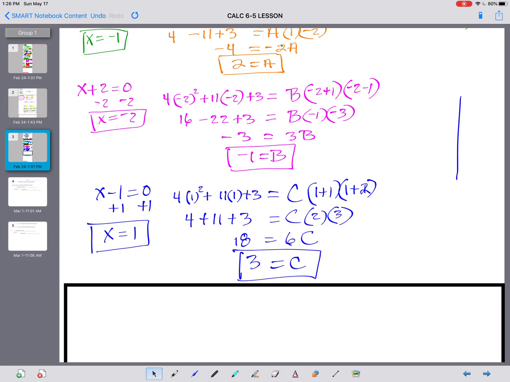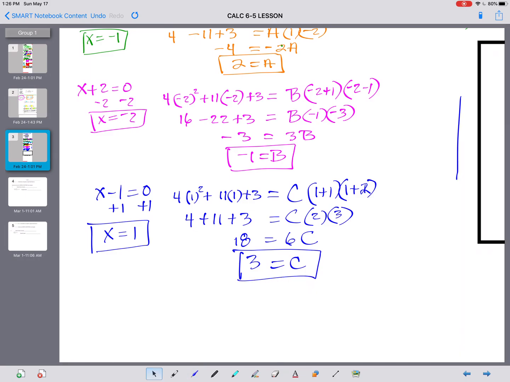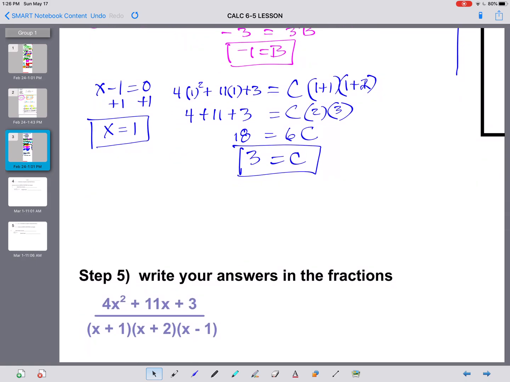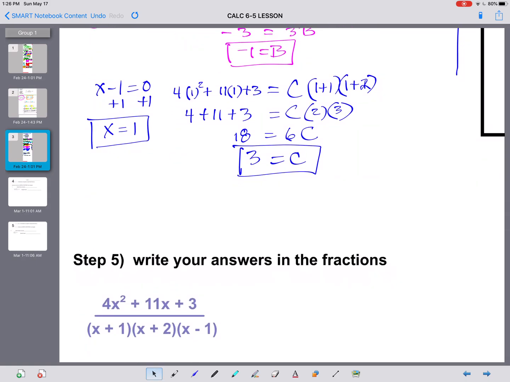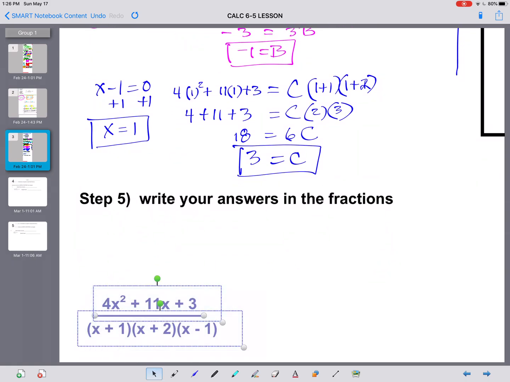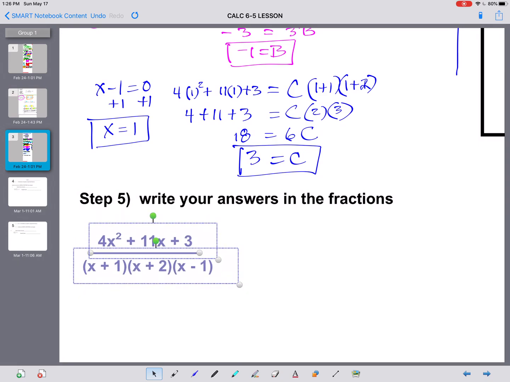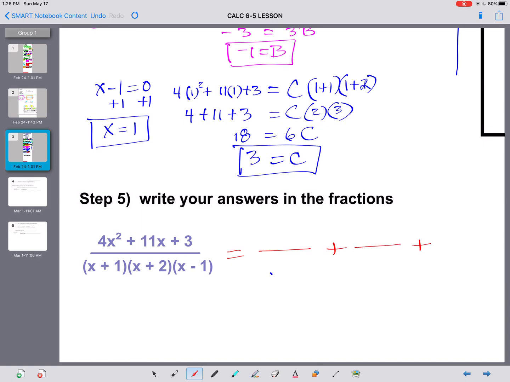Let's go ahead and write our answers. Okay, here we go. Let's move this whole thing up. Okay, here it is. Our answers. What color? Let's go red. Okay, here it is. There were 3 fractions.